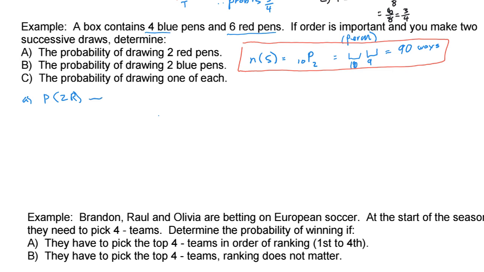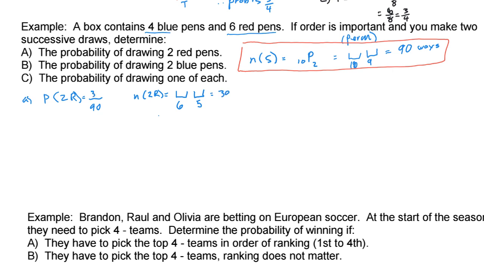Okay, so remember, the denominator of this is always going to be 90 because that's the total number of outcomes. But we need to calculate how many ways we can get 2 red pens. So the n of 2 red is just going to be, well, if we use the placeholder method, 6 times 5 pens, which is 30.